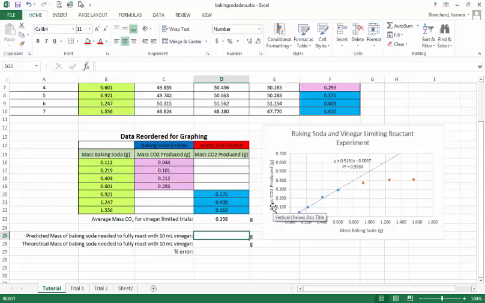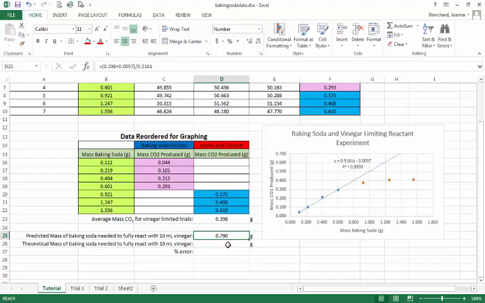I can do that right here in Excel. I'm just adding the intercept to 0.398, and I'll divide by the slope. So you can see that the mass of baking soda was actually 0.790, which is what we determined by just visual inspection of the graph.